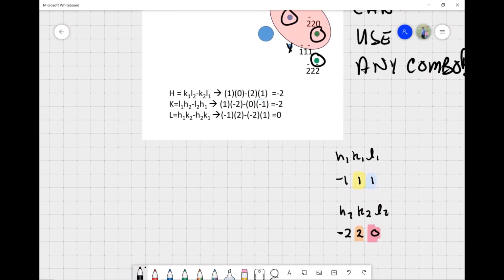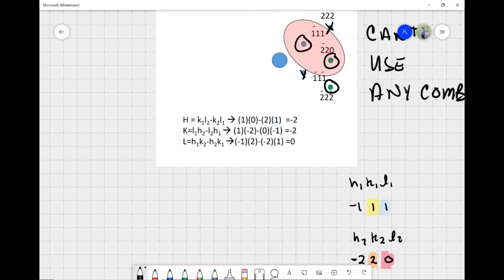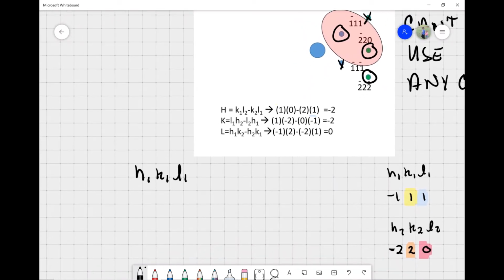And so let's work it out again. We already did this one. We can do 2, 2, 2, and then I'll do one of these other ones you can't use and show you what you get. So if we're saying H1, K1, L1, we'll pick negative 1, 1, 1 again. And H2, K2, L2, and we already did this one. Let's do negative 2, 2, negative 2.